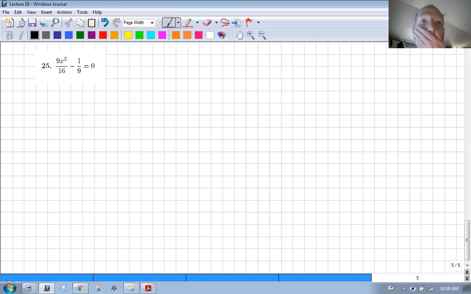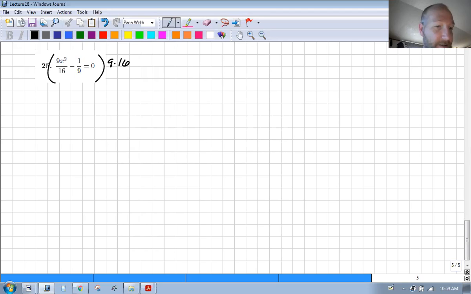So let's see. Let's get rid of the fractions, right? If we multiply through by 9, this fraction goes away, but this one won't. So what we'll do is multiply through by 9 and 16, right? Multiplying both sides. So what would we have here?